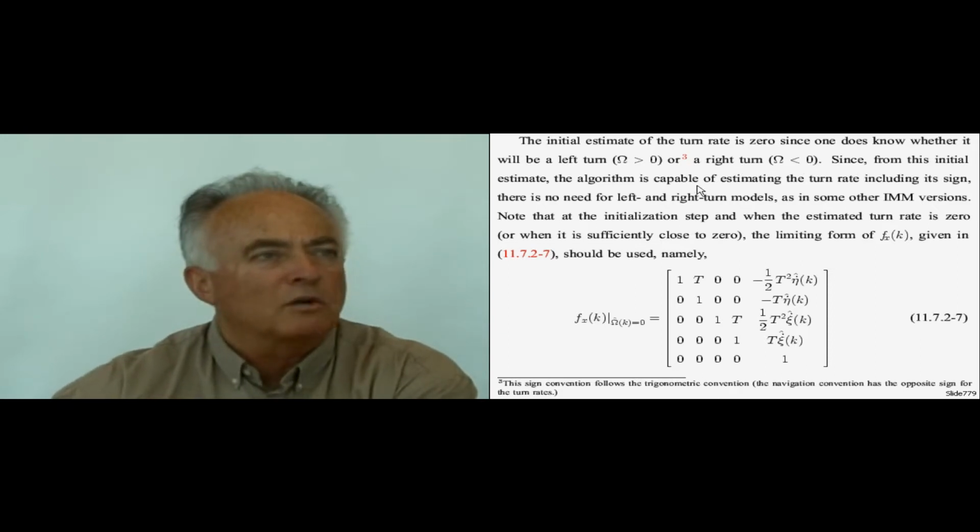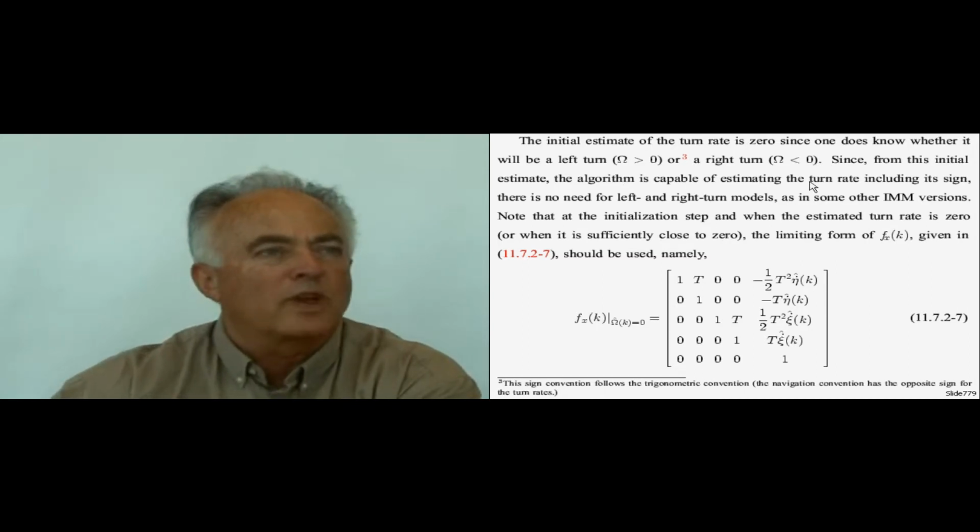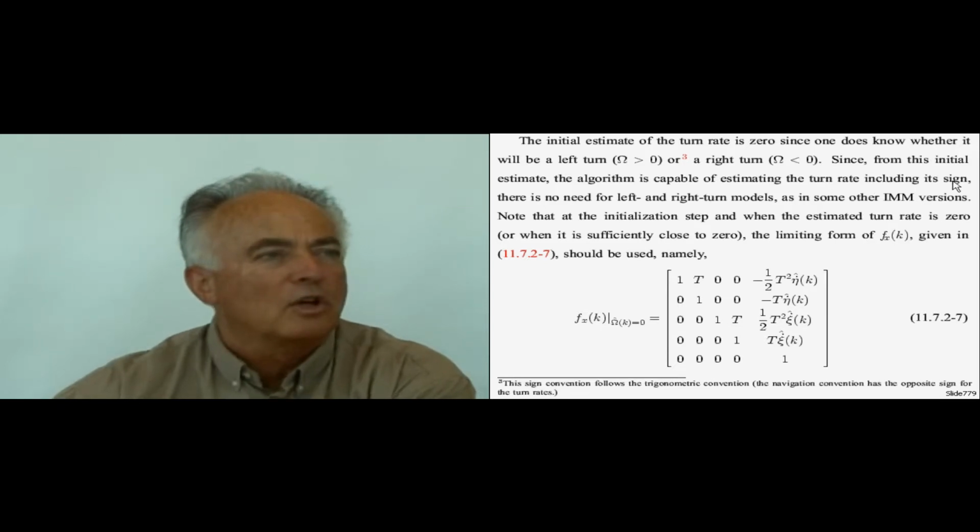Now, it turns out that from this initial 0 estimate, the algorithm is capable of estimating the turn rate including its sign, and consequently there is no need for left and right turn separate models as in some earlier IMM versions.